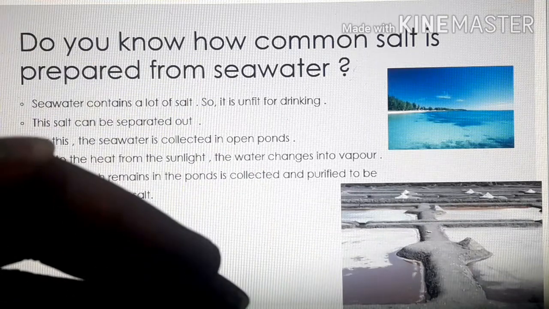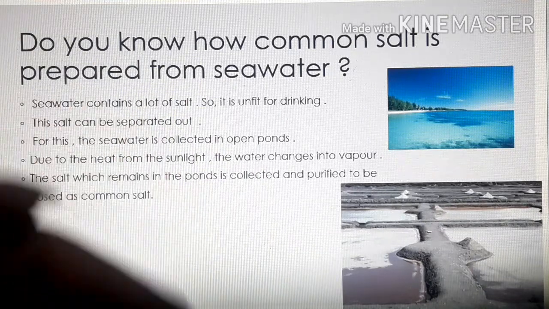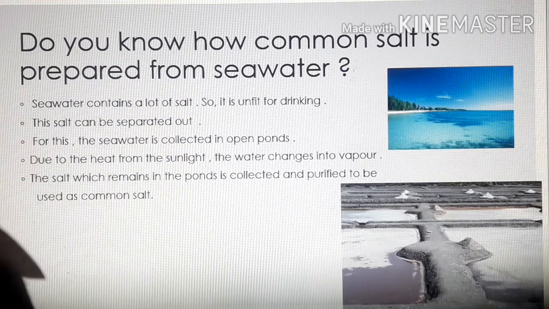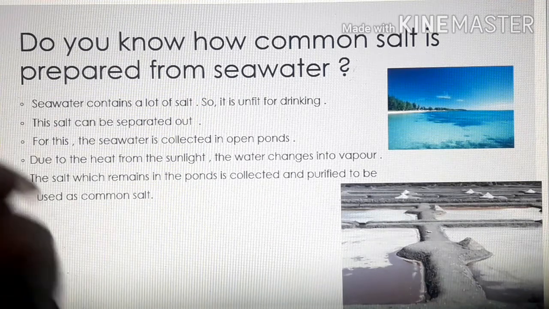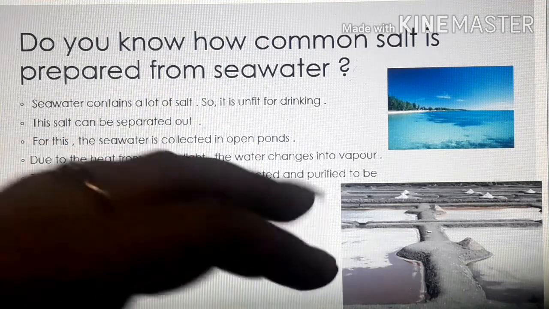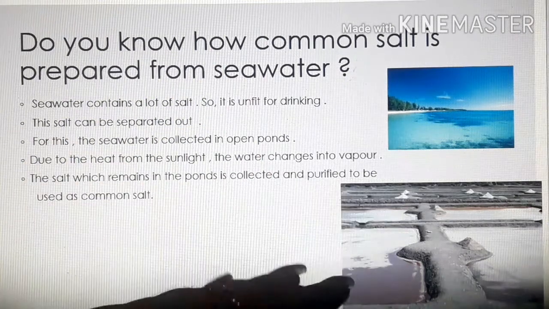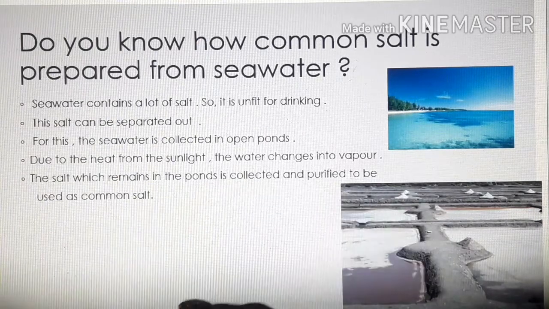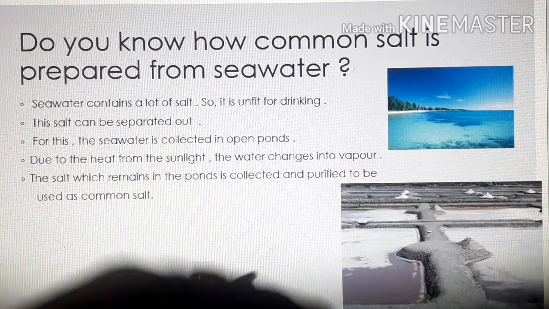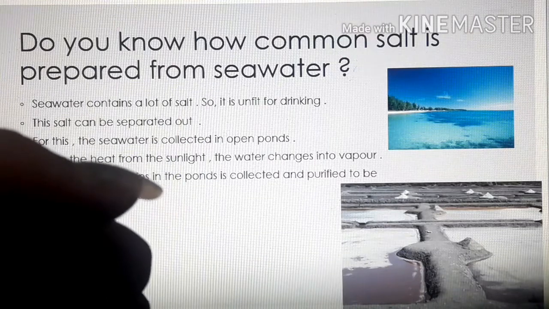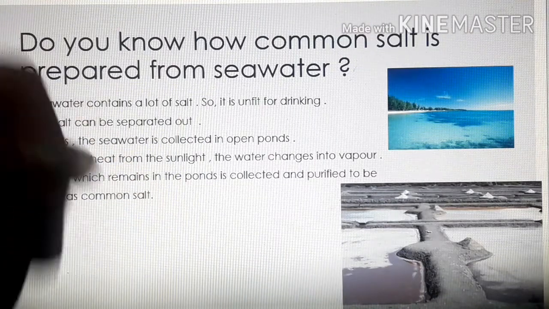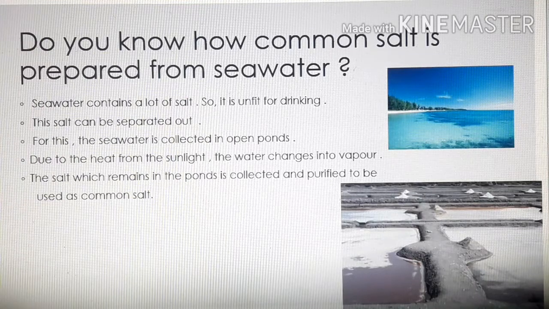As you know, when we drink water, we drink filtered water, isn't it? We purify the water, then we drink. Similarly, the salt collected in the pond is first purified, then it is ready to have as common salt. Clear? So let's see the video.